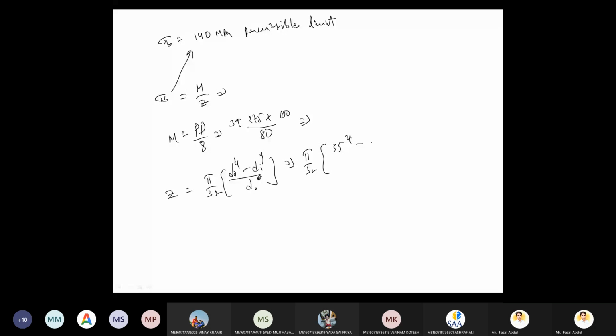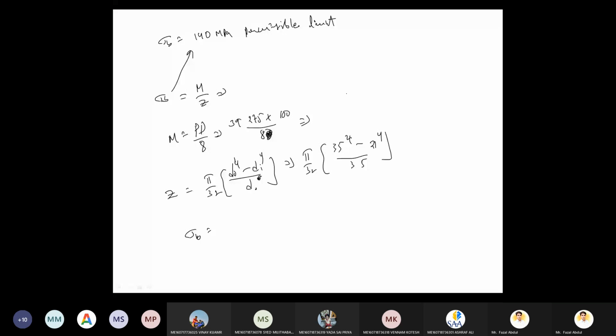Now substitute these values. Sigma b equals 39275 into 100 by 8, which is 491 into 10 to the power of 3 Newton mm.